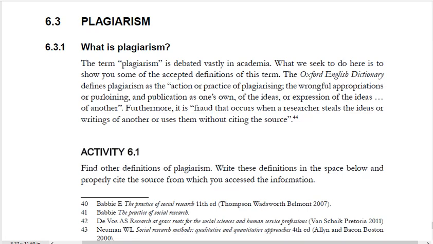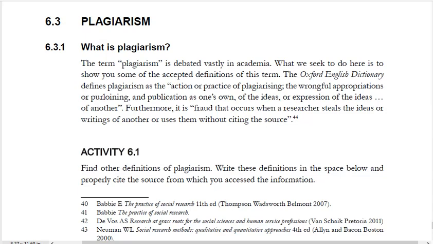This is what I was saying, that we need to look it up from a dictionary and insert the footnote.